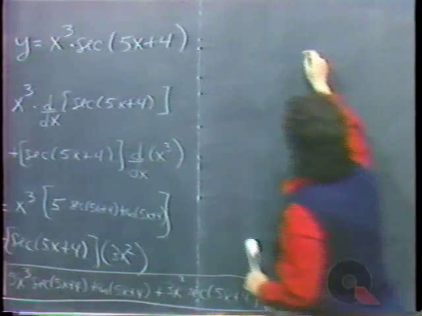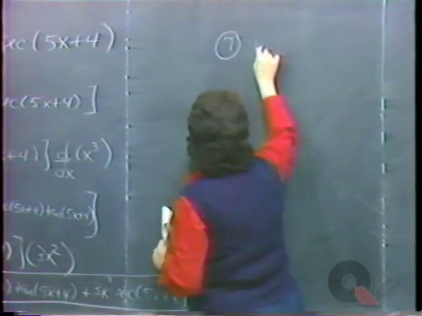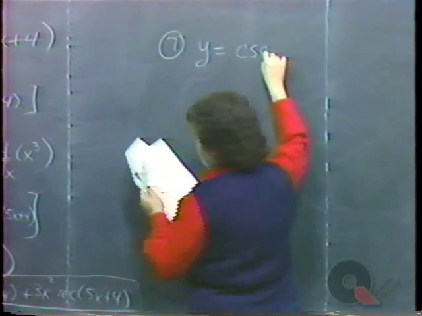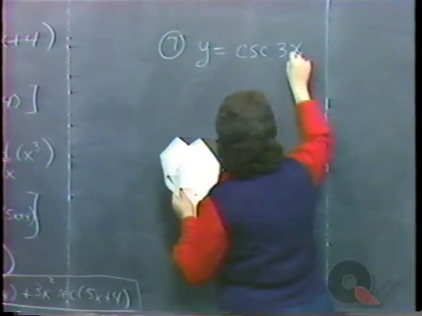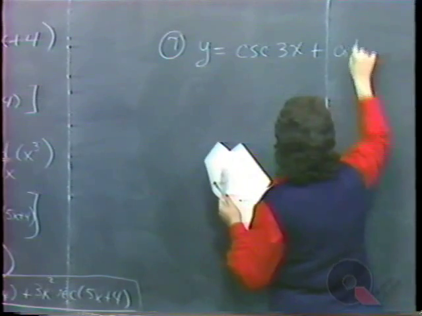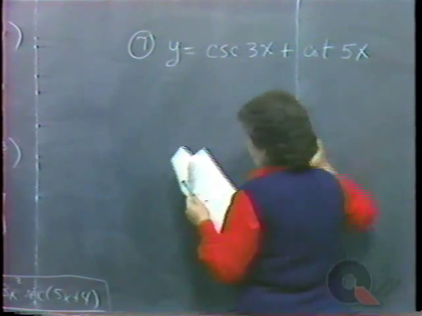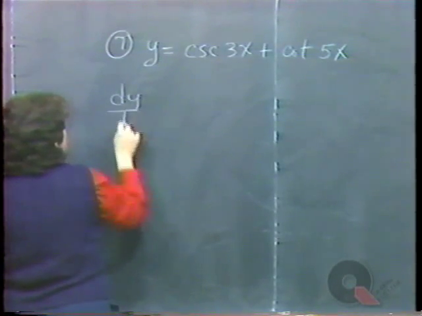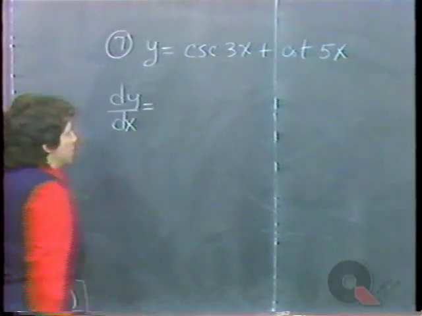For our next example, let's try the following. y equals the cosecant of 3x plus the cotangent of 5x. And we want dy/dx.